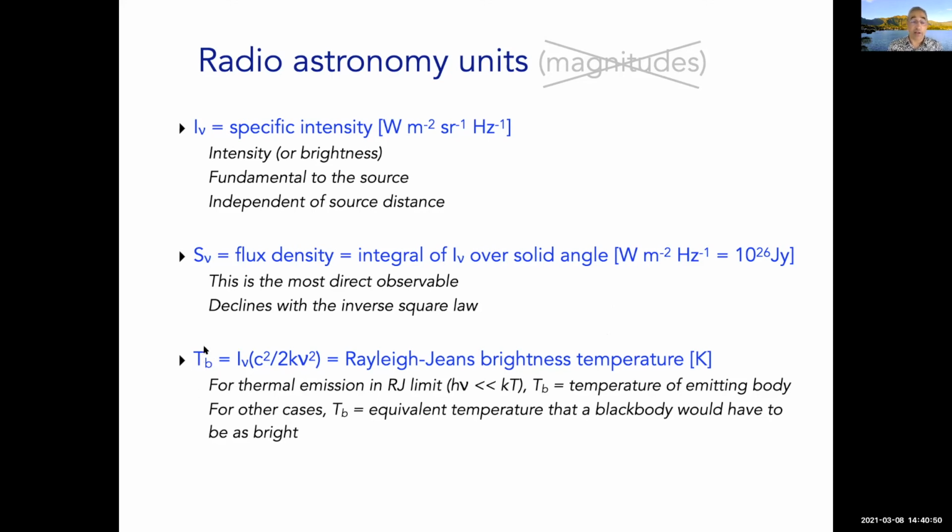And so we can define a temperature T as I over lambda squared over 2k, or c squared over 2k nu squared. So this has units of temperature, and it's an equivalent way to talk about the specific intensity. It's exact: the brightness temperature you measure is the temperature of a black body in the Rayleigh-Jeans limit. But if you're not in the Rayleigh-Jeans limit, or if the specific intensity is not a black body, you can also think of it as the temperature a black body would have to be to be as bright as the intensity that you measure.